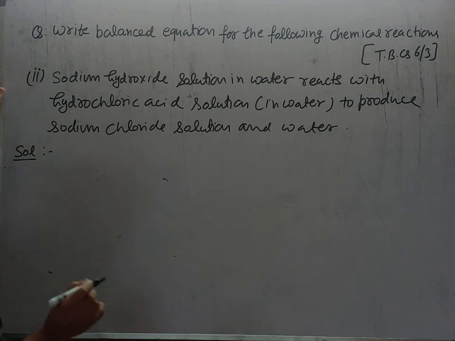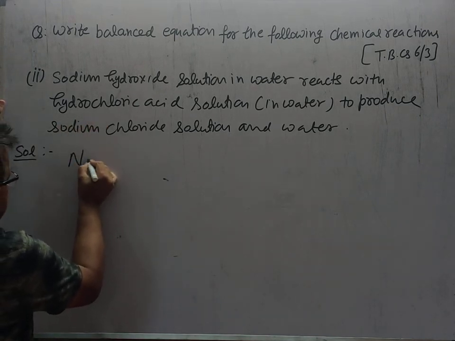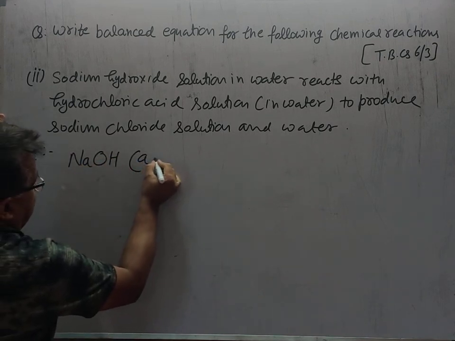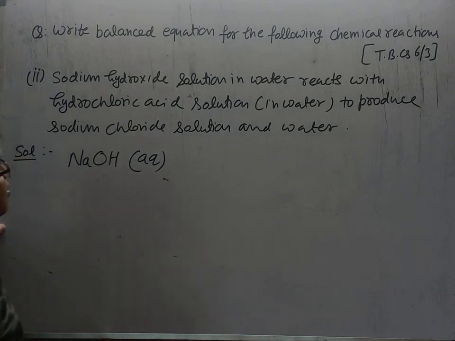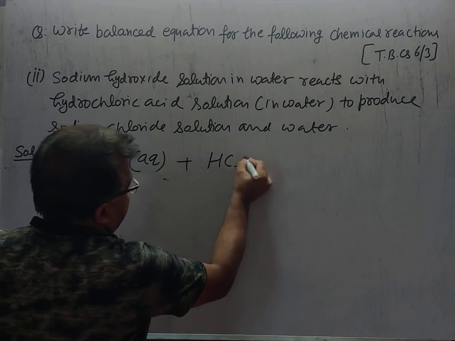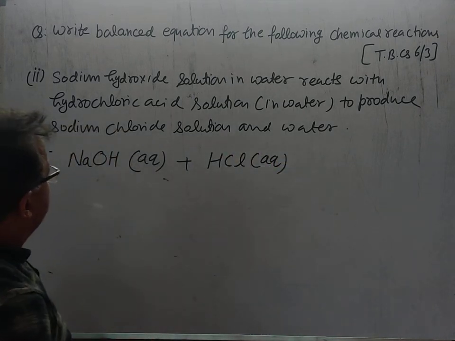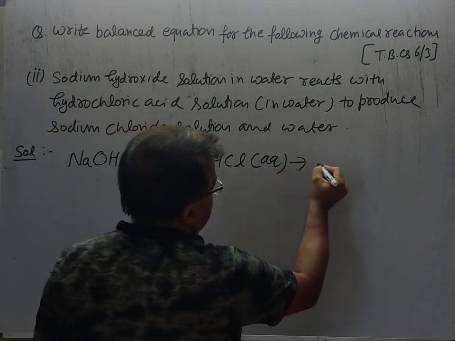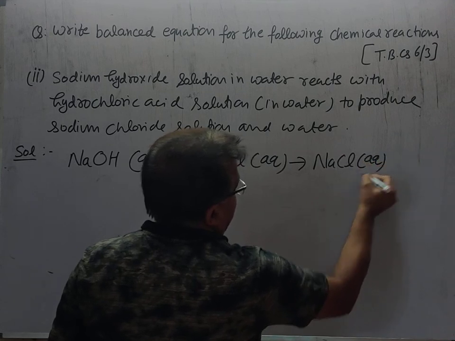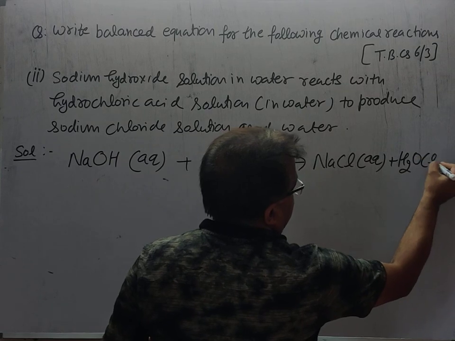As I told, the first part we have already solved in an example. Sodium hydroxide solution in water means aqueous, reacts with hydrochloric acid solution in water, HCl in water, therefore again aqueous, to produce sodium chloride solution, so again aqueous, and water, so it is liquid.